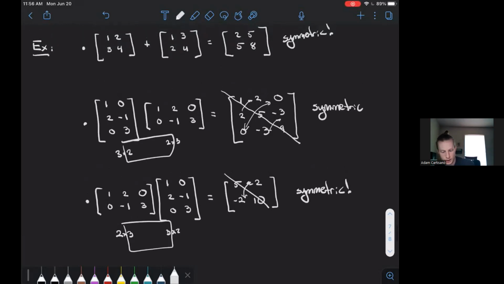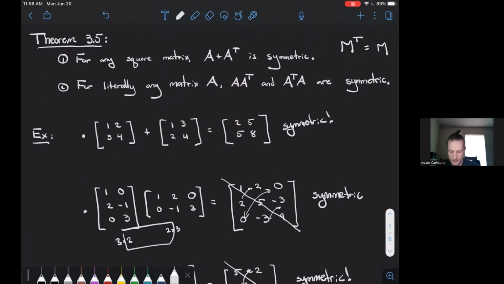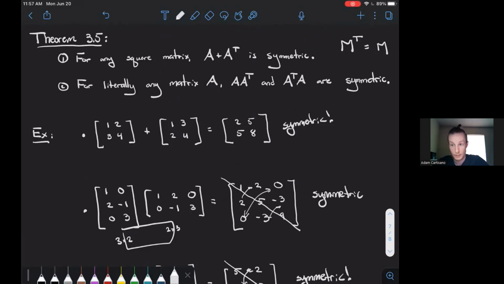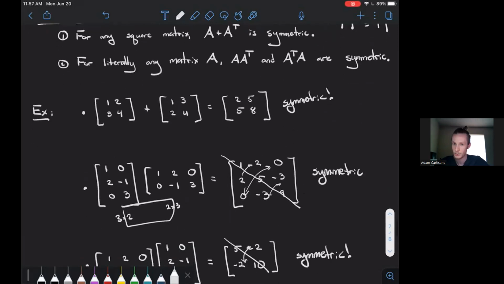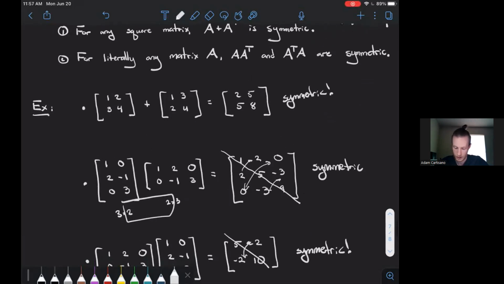Just for some context: we said that for literally any matrix A, A A transpose and A transpose A are symmetric. But suppose I had two symmetric matrices and I multiplied them together. It's not necessarily true that the product is symmetric.